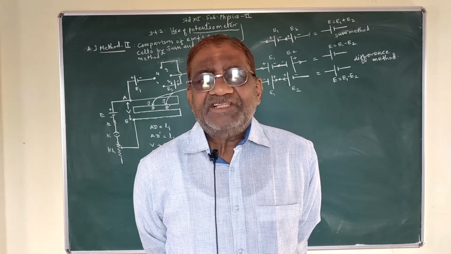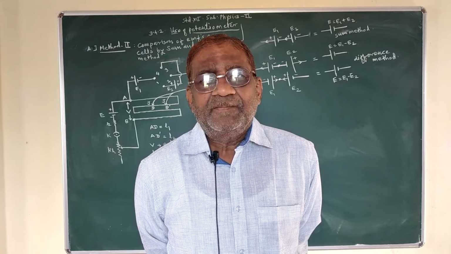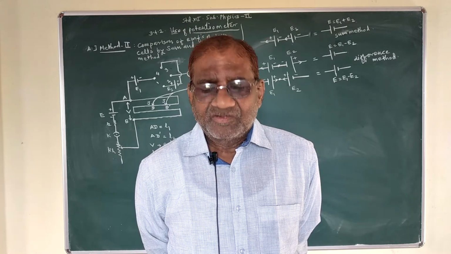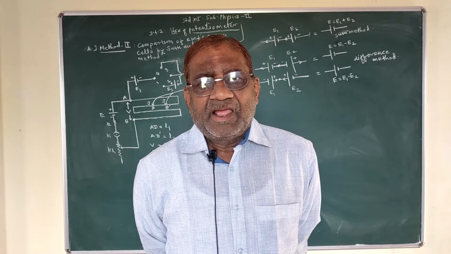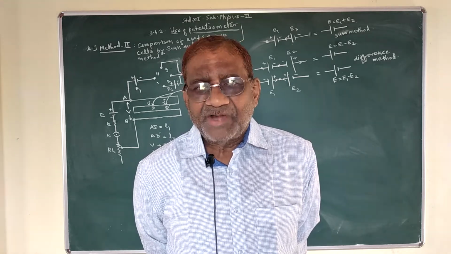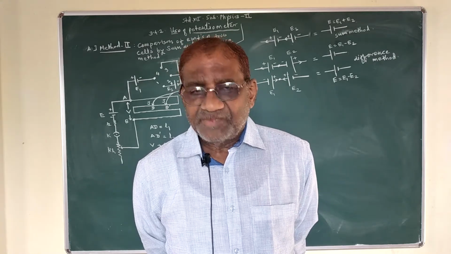This is a laboratory experiment also. You will have to perform the experiment in the laboratory for the comparison of EMF of two cells by the separate method, as well as the second method which we have to study today. This method is called the sum and difference method.